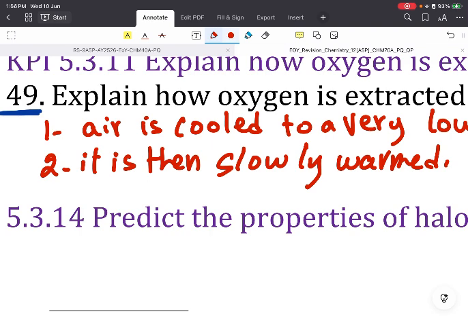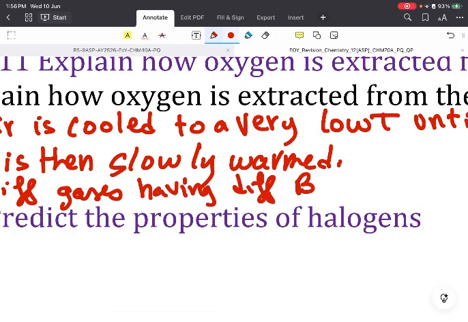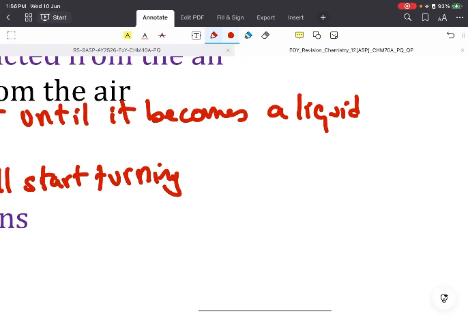Okay? I'm going to write it here: different gases having different boiling points will start turning back to gas.